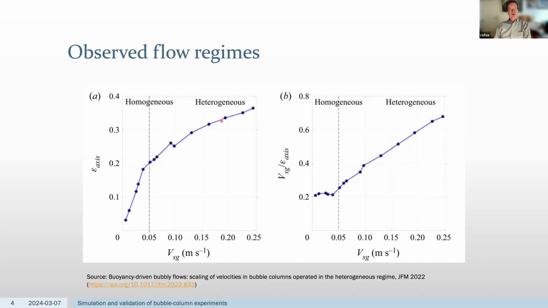And so it goes up to as high as 40 or 50% as you increase. One way to show the homogeneous regime is to plot the slope. So you can see in the homogeneous regime, you get a nearly constant ratio between the axial velocity, gas superficial velocity and the axial volume fraction. And then in the heterogeneous regime, you get now a constant slope.